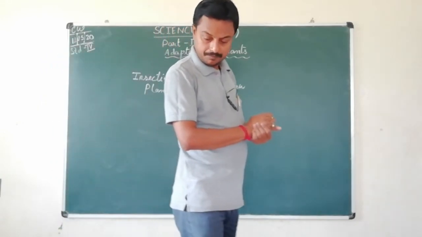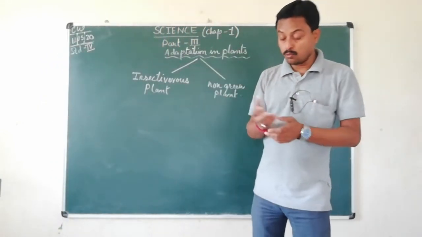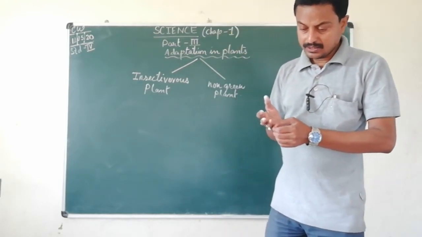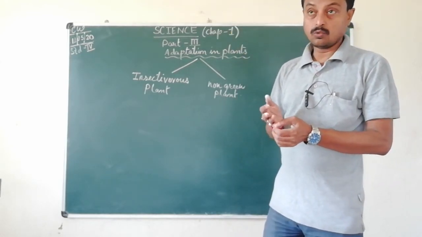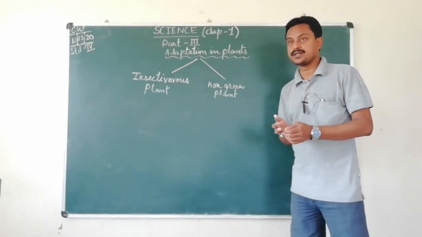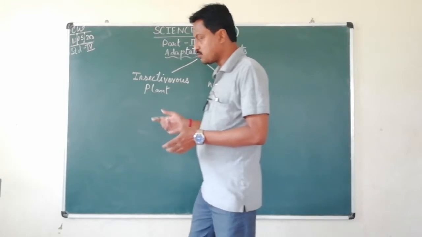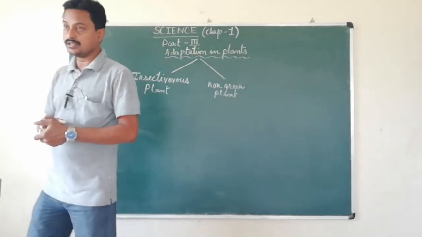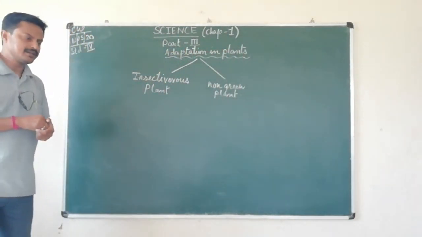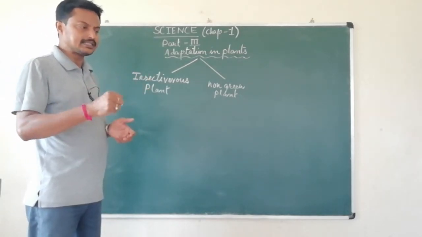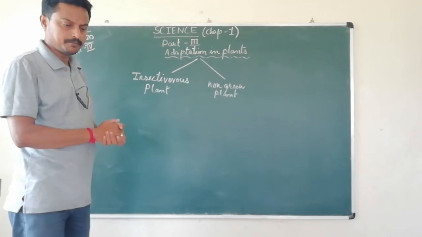These plants are mostly found in wet, damp, humid, acidic soil, where the soil is very low in nutrients. In the places where these plants are found, the soil is deficient in nutrients.